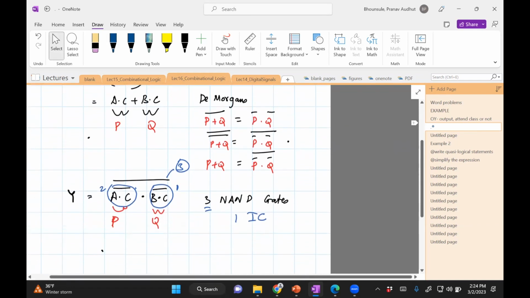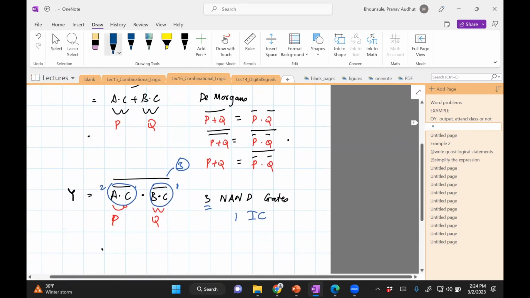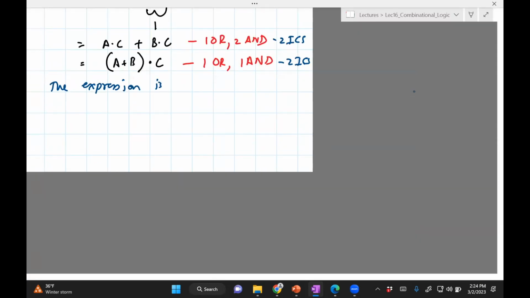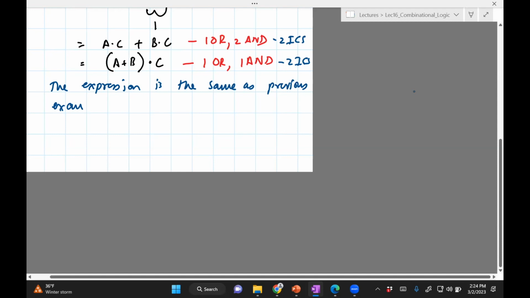So what I can do is use De Morgan's law to convert that to this expression, which now has only NAND gates, and that will simplify it from 2 ICs to just 1 IC. So using De Morgan's law, we put a similar expression, the same as the previous example.